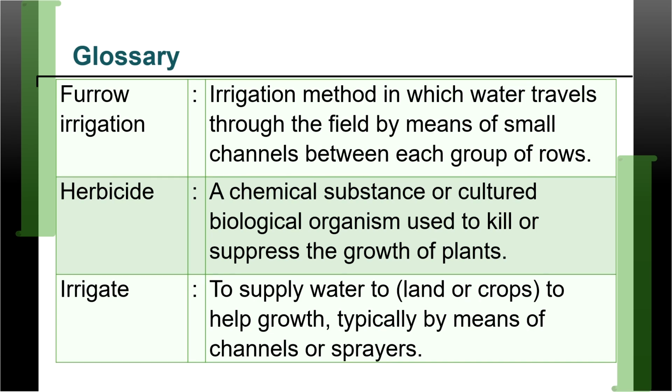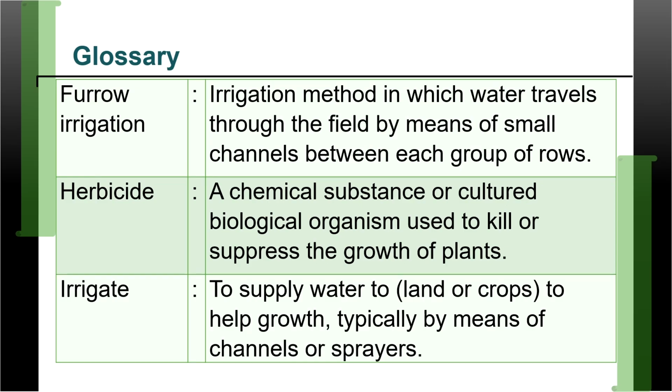And many of the herbicides or chemicals are non-selective also. So therefore, it is proper to use the term herbicide, not weedicide. So herbicide is a chemical substance or cultured biological organism used to kill or suppress the growth of plants.